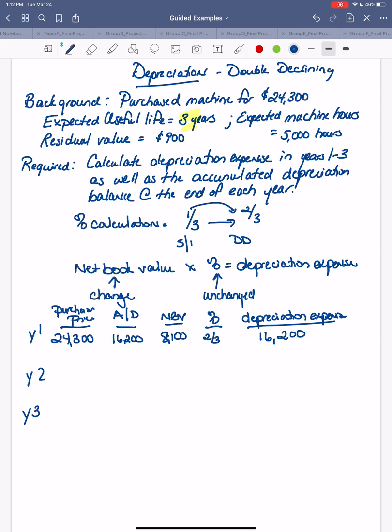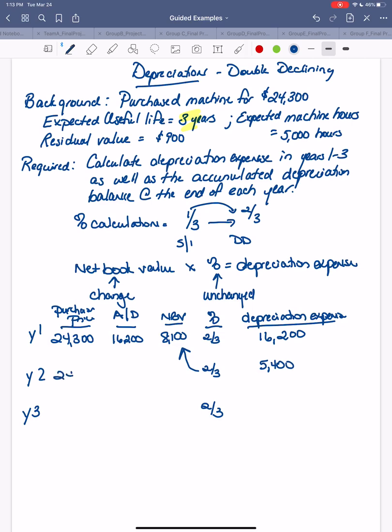Okay, so now here's the important point. When I get to year 2, that percentage stays the same, just as it will in year 3, but I'm multiplying it times that previous net book value. So now I'm doing 8,100 times 2/3. So this time, my depreciation expense would be 5,400.